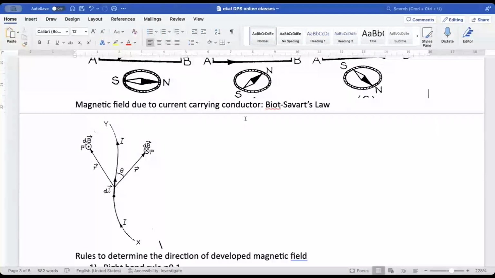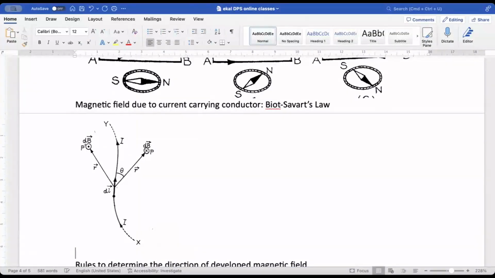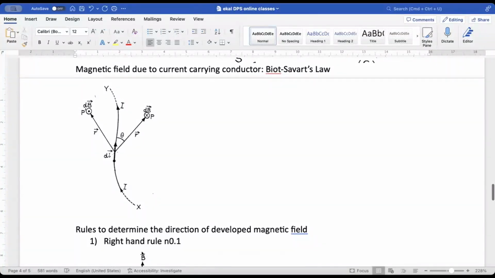So let's say we have a conductor XY. XY is the conductor here, of say any shape, through which current I is flowing. And here is a point P in air or in vacuum at which we want to find the magnetic field.